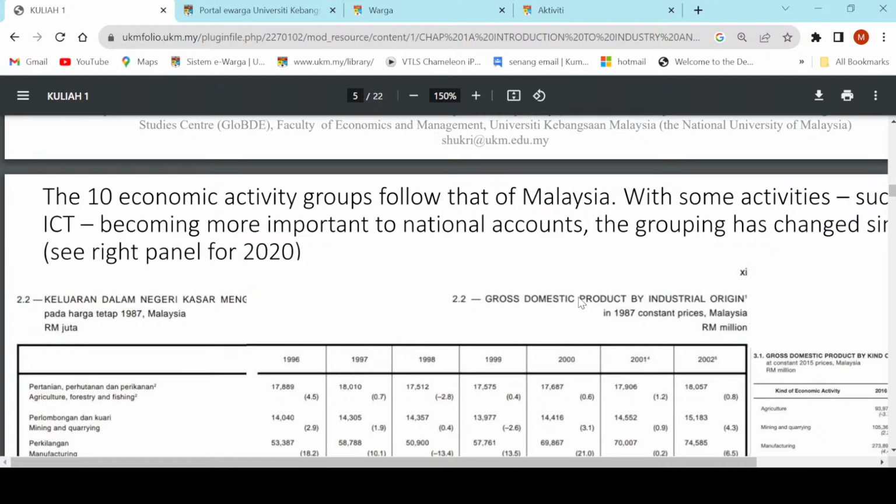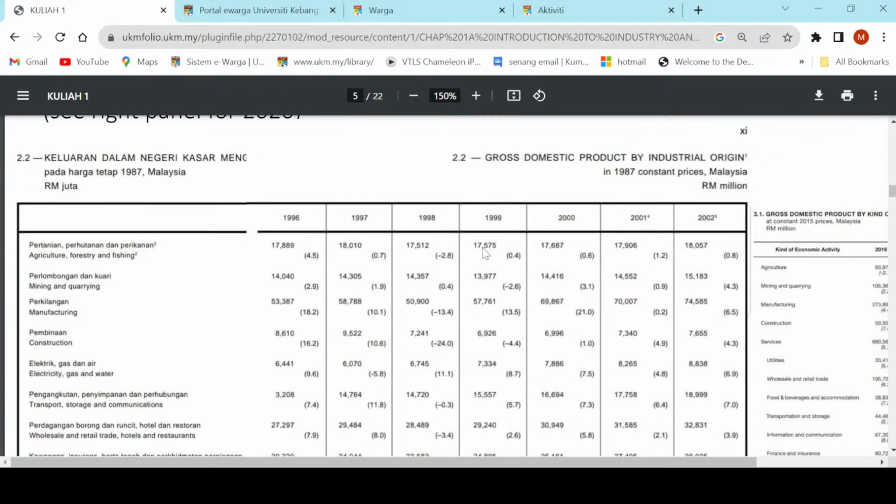Same thing, this 0.4 is the rate of increase from the previous year, which is 17.575 minus 17.512 divided by 17.512. Same thing, B minus A divided by A times 100%.